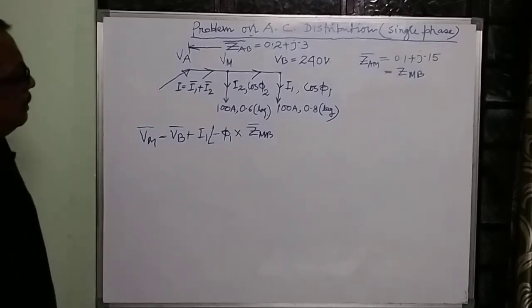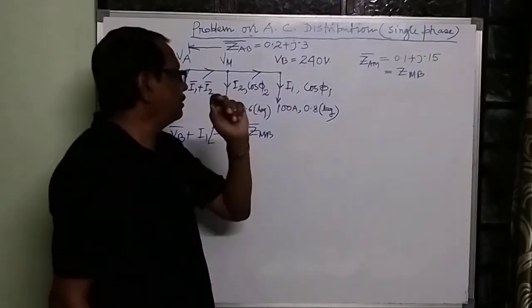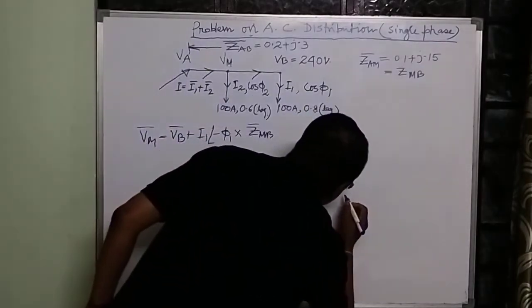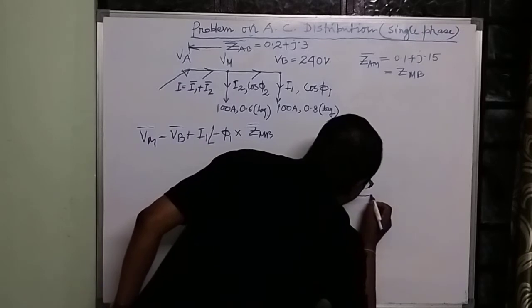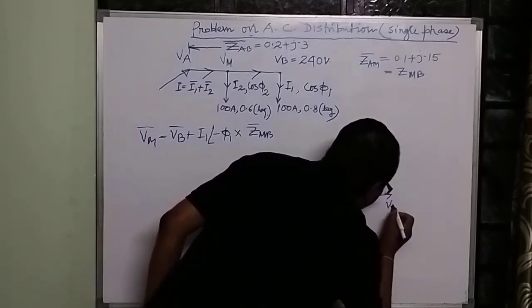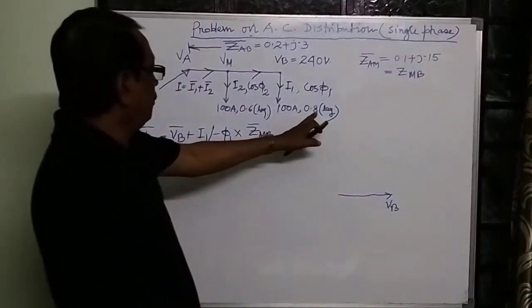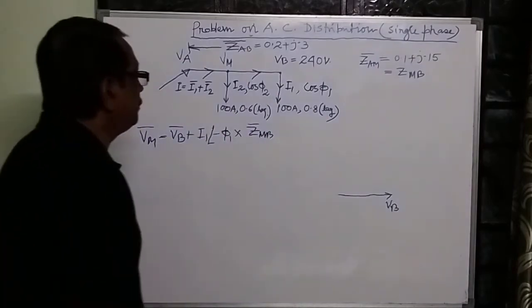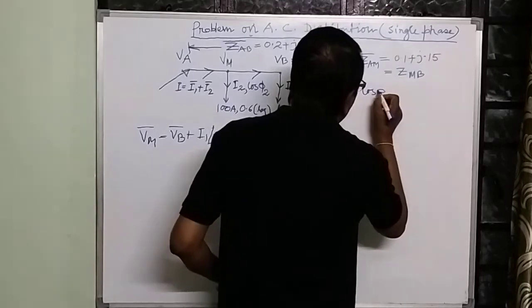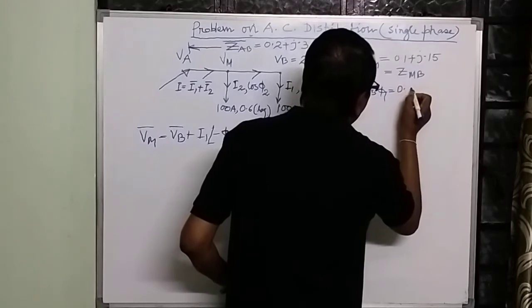Now, taking the last terminal voltage, that is VB, as the reference. Power factor 0.8, that means cos phi 1 equals 0.8.